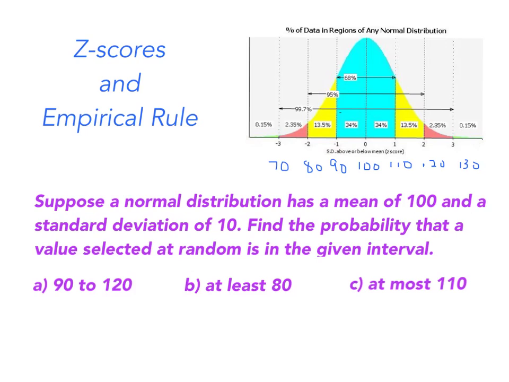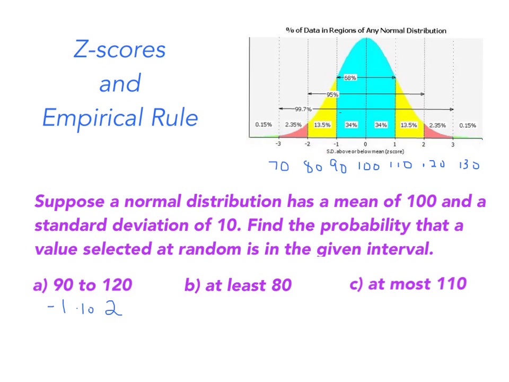Alright, so we want to find the probability that our value is between 90 and 120. So 90 to 120 would be from a z-score of negative 1 to a z-score of 2. So you just basically add up those percentages. From negative 1 to 1, remember, is 68.